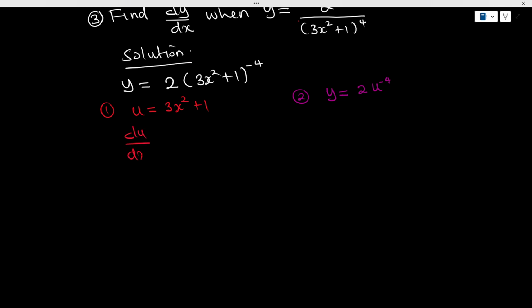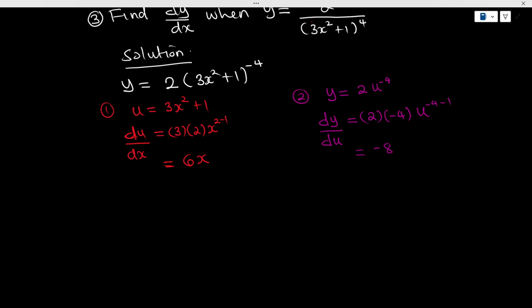So the derivative of u with respect to x, du over dx, should be 3 times 2x raised to 2 minus 1, and this should be 6x. And then dy with respect to u equals 2 times negative 4 times u raised to negative 4 minus 1.